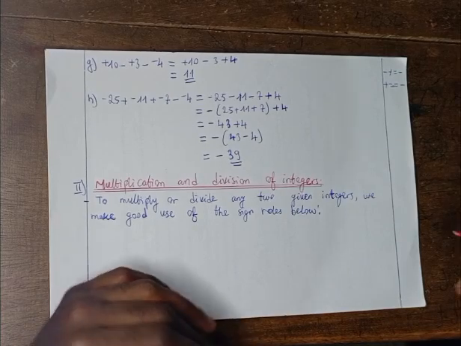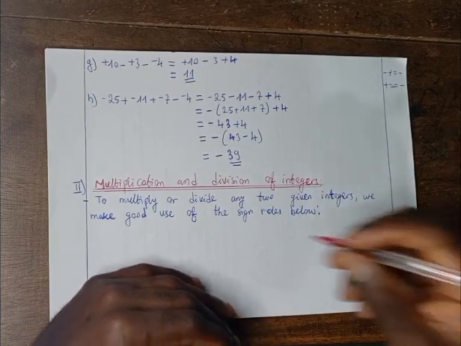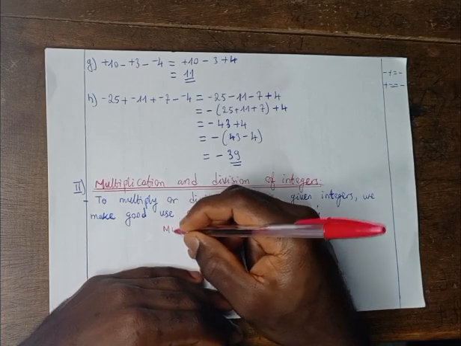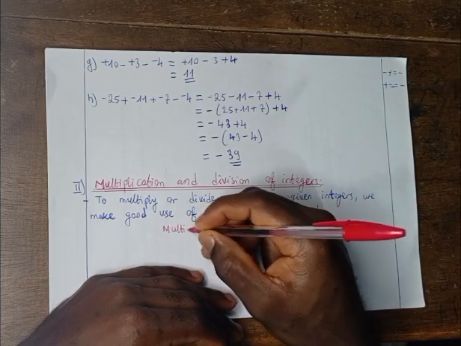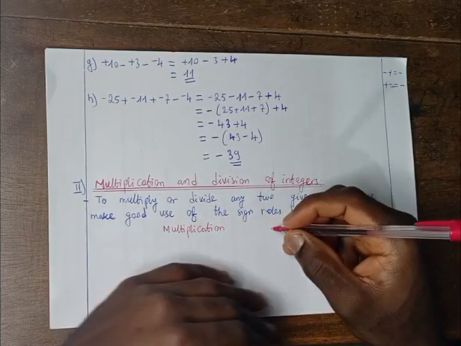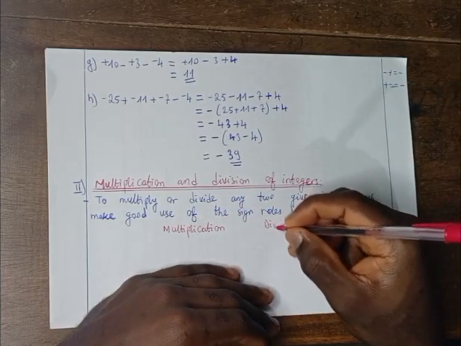So I'll present it on the table. First one, this is multiplication. Next for division.